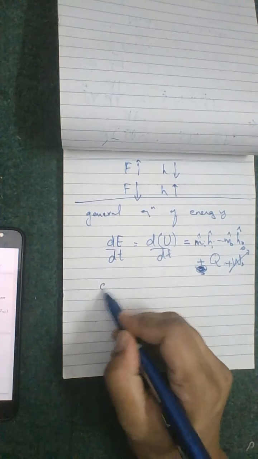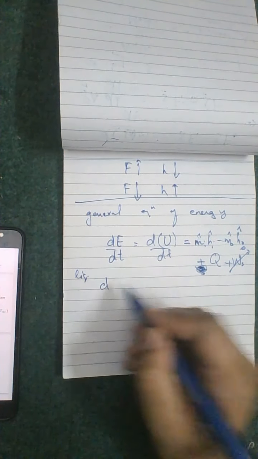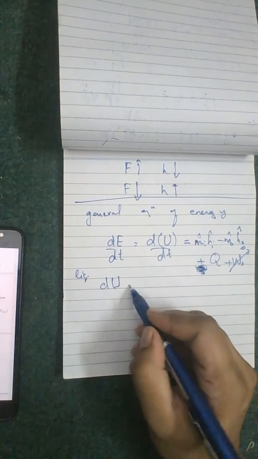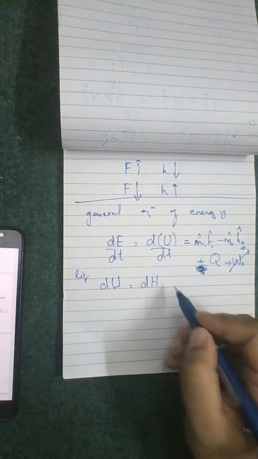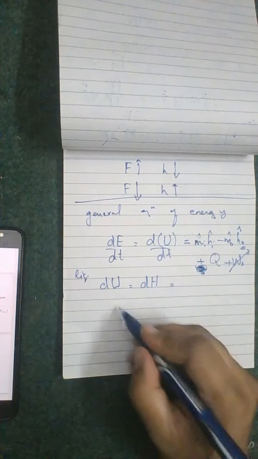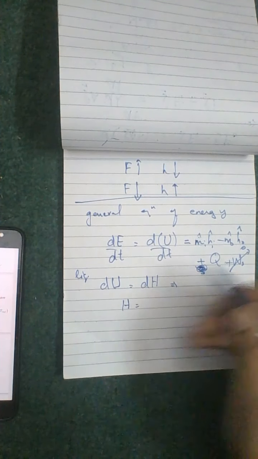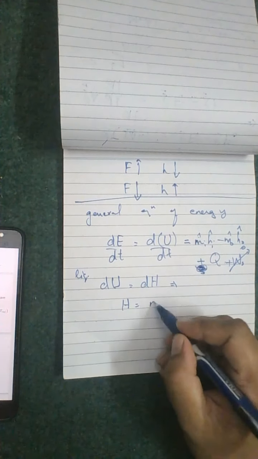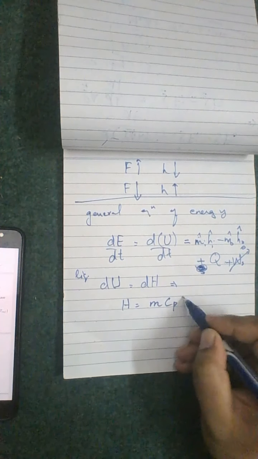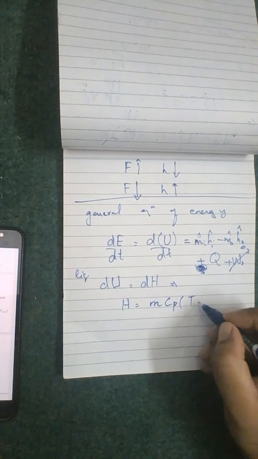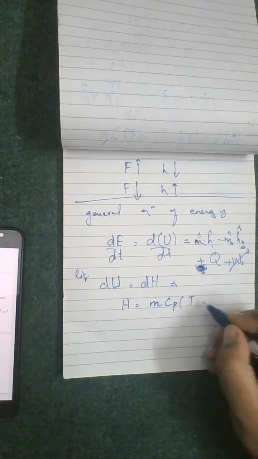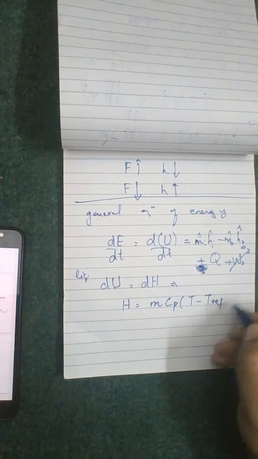For liquids especially, the change in internal energy is equal to the change in total enthalpy. So this enthalpy, by definition, is equal to total mass into specific heat into the temperature of the system minus some reference temperature.